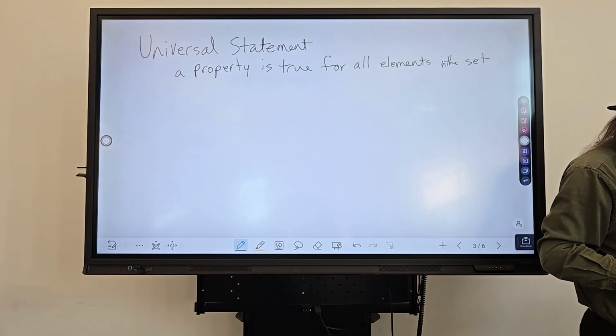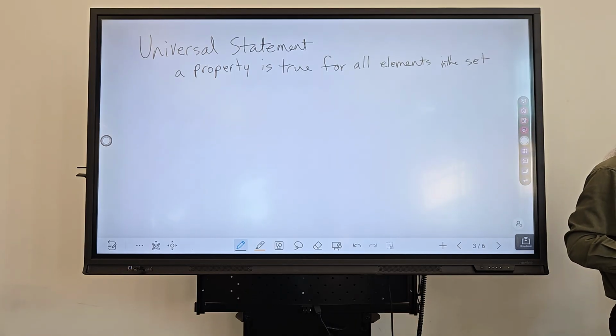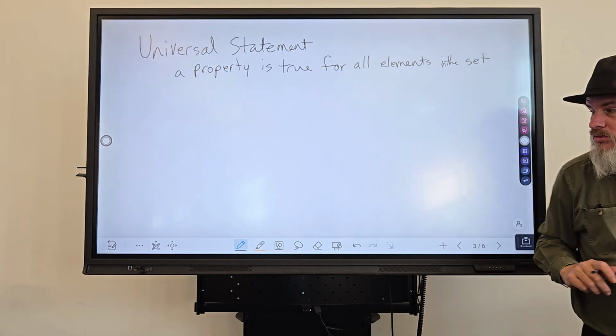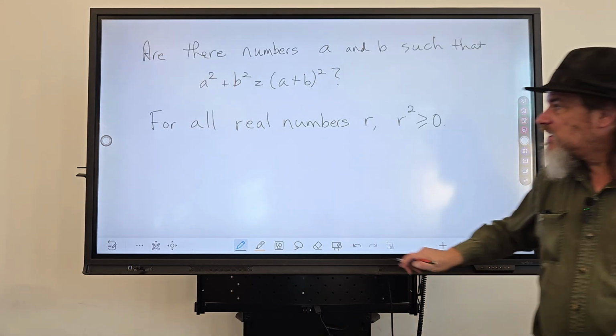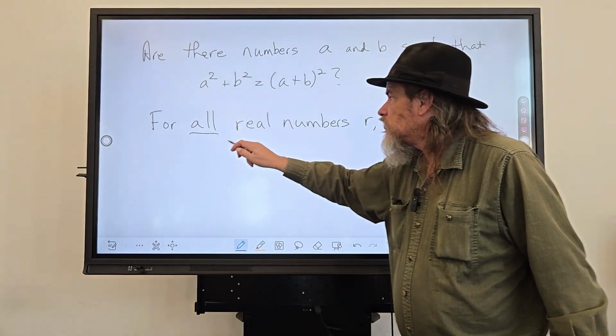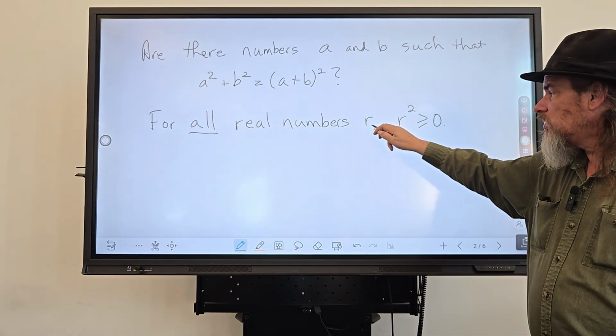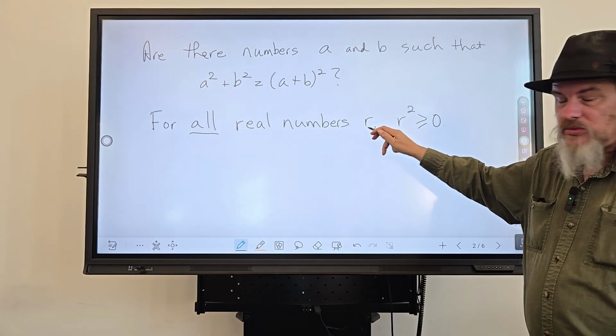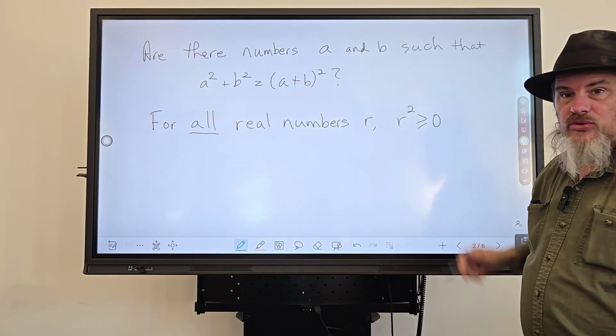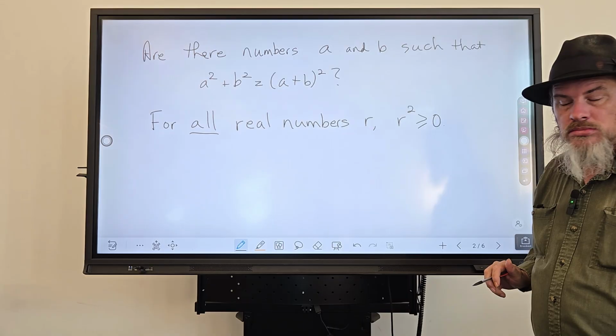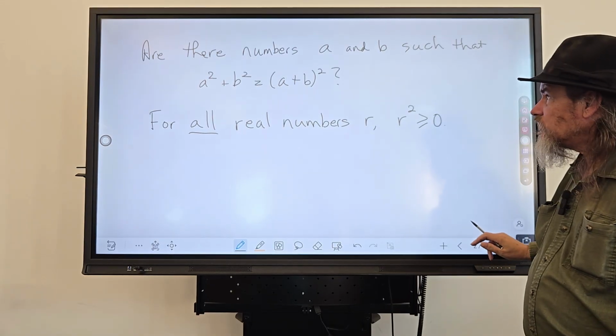That is a universal statement. It's true for all elements in a set. So going back to this one, for all real numbers R, that's the set that you're dealing with, this property is true. That's a universal statement.